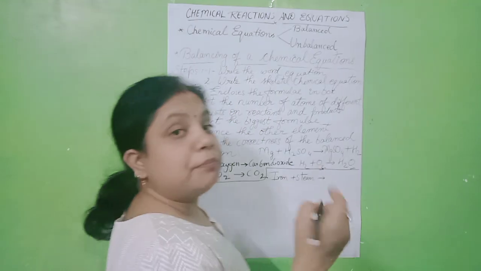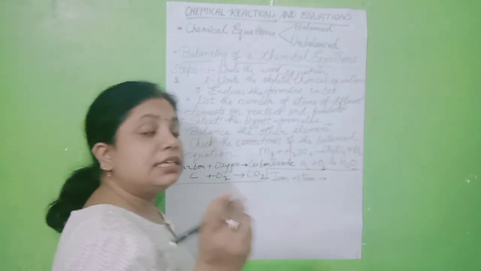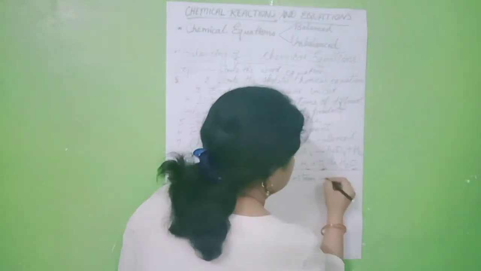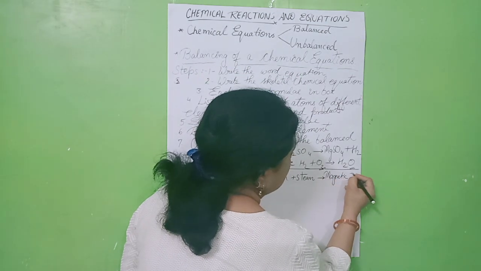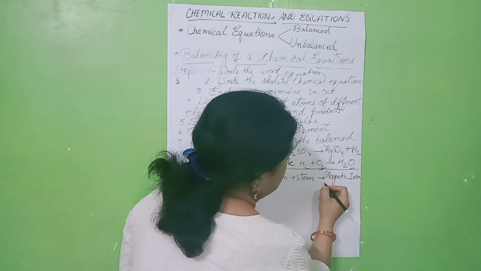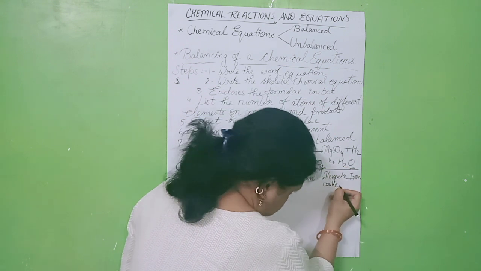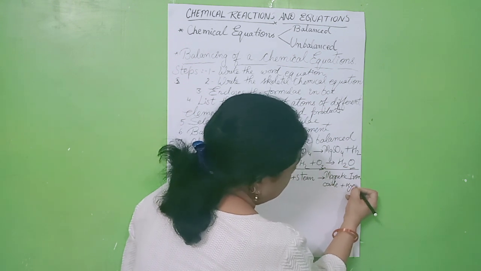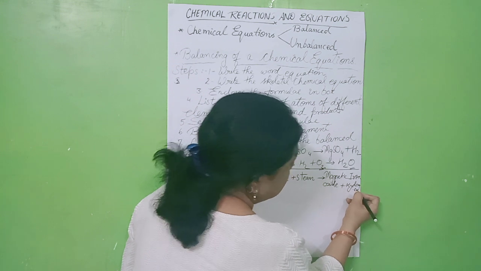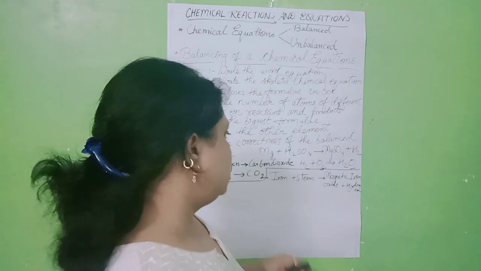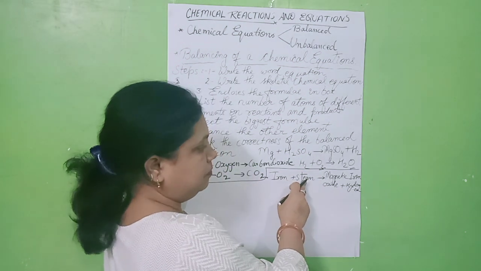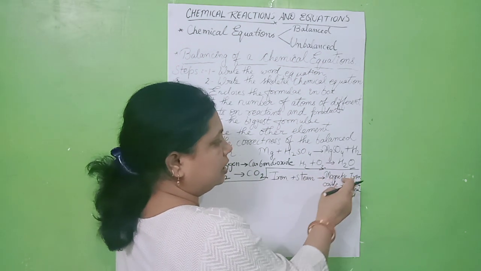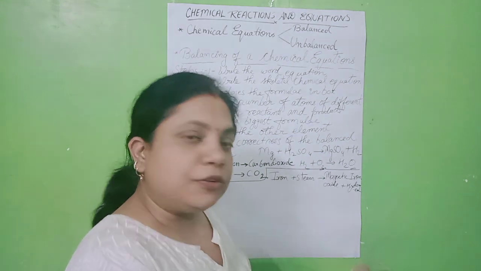It forms magnetic iron oxide plus hydrogen. Is it clear? You have written in words: iron plus steam forms magnetic iron oxide plus hydrogen.